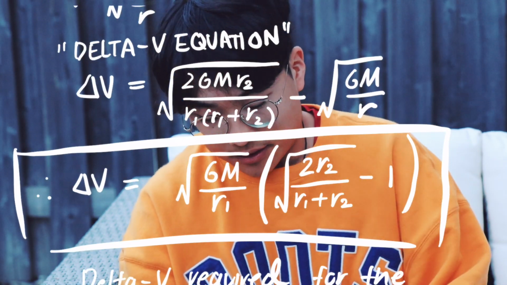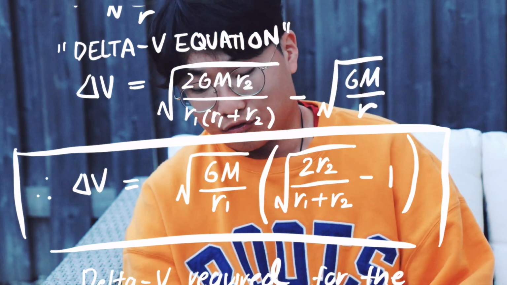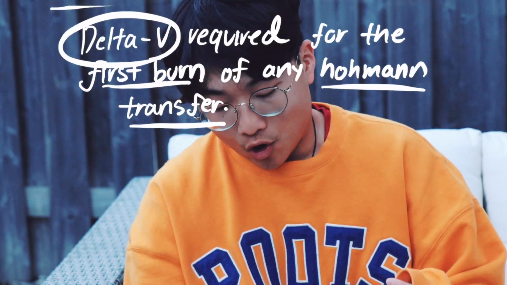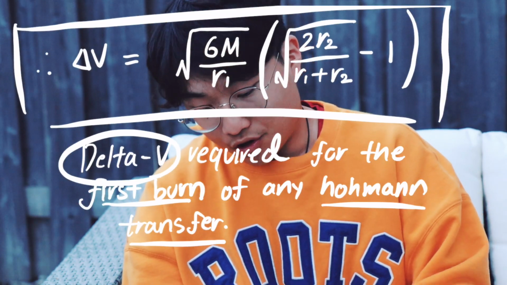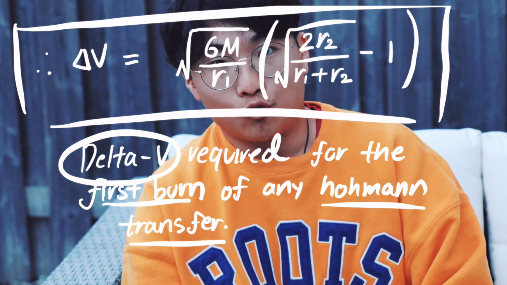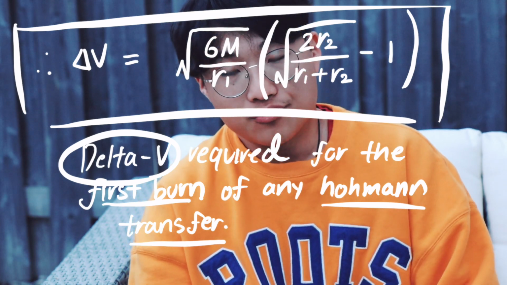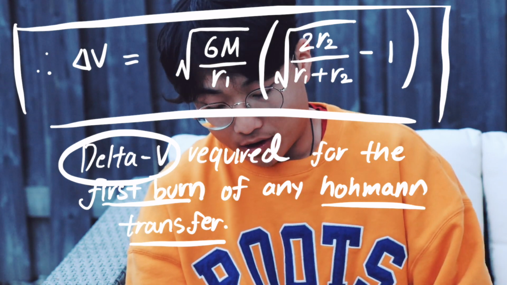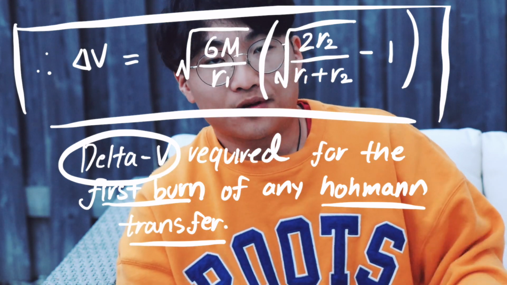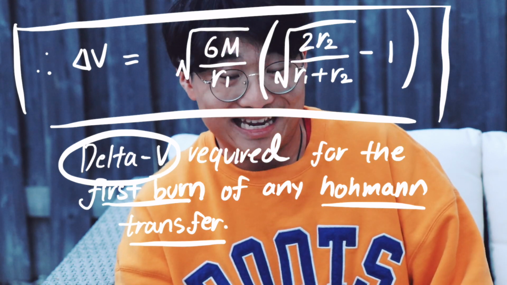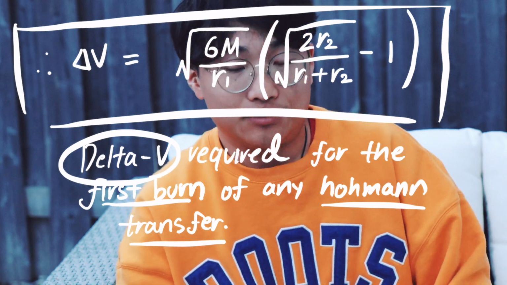So we can say delta V equals the square root of 2GM r2 over r1 plus r2, which is the elliptical orbit, minus the square root of GM over r. Notice that the orbital velocity equation can only be applied to circular orbits. It cannot be applied to elliptical orbits.